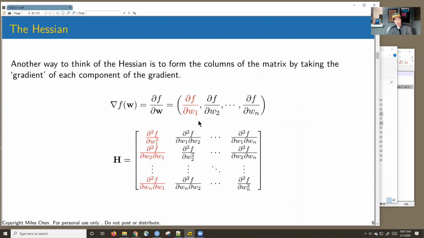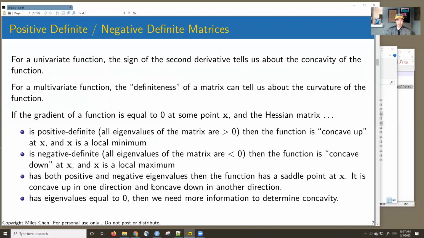And if you recall your multivariate calculus terms, the derivative of a vector will be the Jacobian.